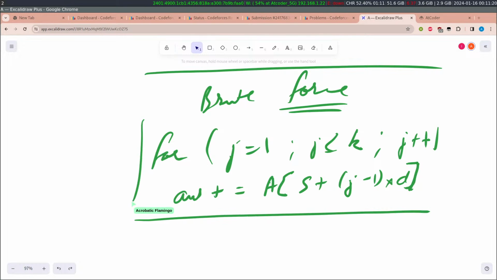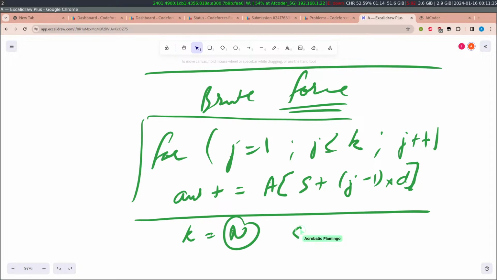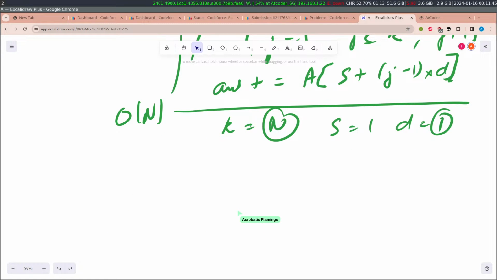This is what we are doing directly: at every point we run the query and find the value. If we analyze the time complexity, k can be up to n, and if s is 1 and d is 1, you will traverse the complete array, so the time taken would be order n. And because you have q queries, your overall time to solve this problem would be order nq, and it will get TLE.